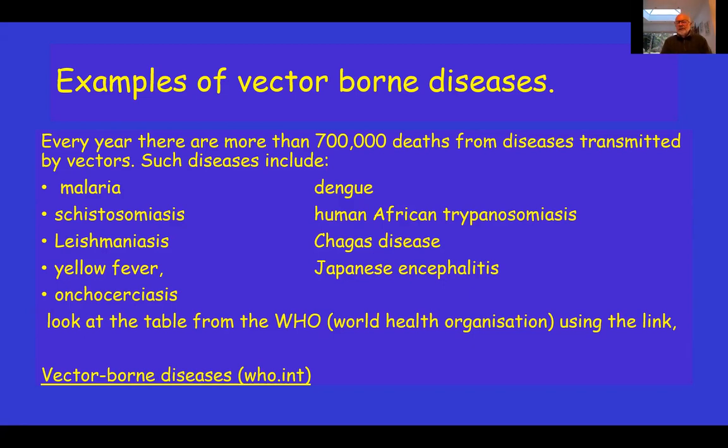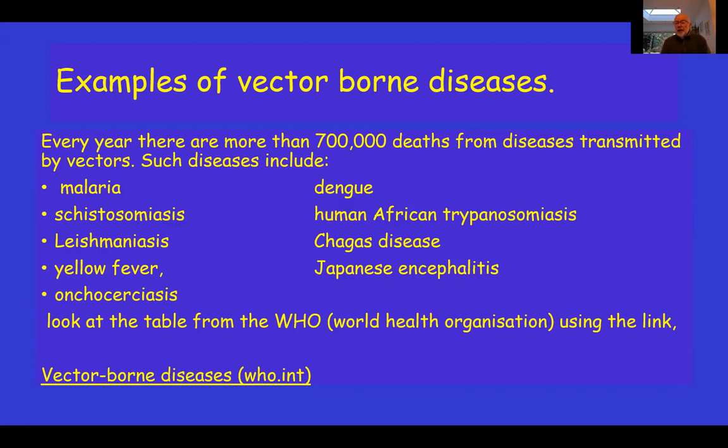So, every year, there are more than 700,000 deaths from disease transmitted by vectors, particularly malaria. Now, the malaria parasite is transmitted by insect bites, which we'll see in a moment. So malaria, and some of these are particularly awkward pronunciations and names that you may not have heard of.